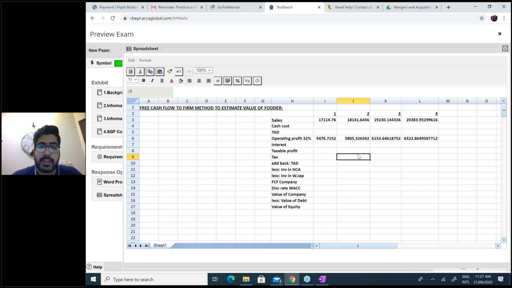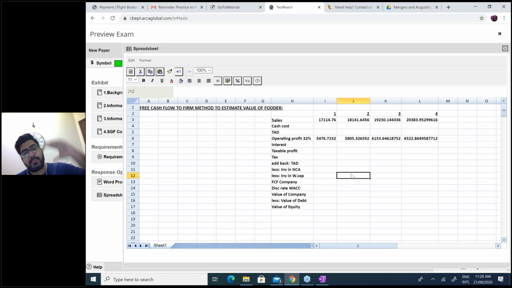So where did cash cost and TD go? They're already deducted, because I came to 32%. So 68% was deducted. Why did I use this strategy? Had the question provided me cash cost and TD information, I would have used that. But the question didn't provide any information about cash cost and TD, so I can't write cash cost myself.